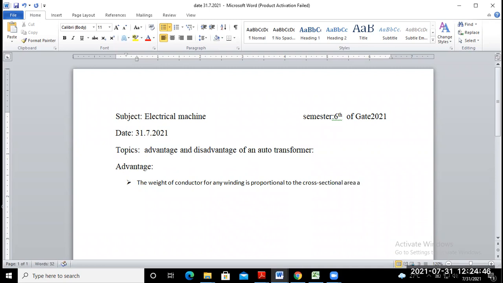Now, the conductor cross-sectional area is proportional to the current carried by it, and the length of the conductor is proportional to the number of turns of the winding.